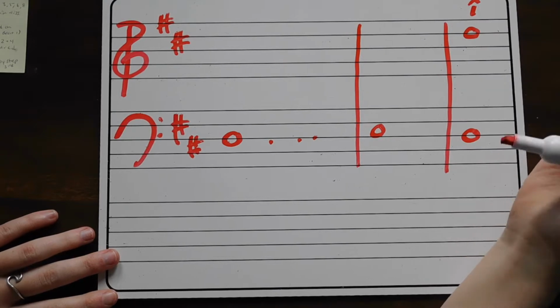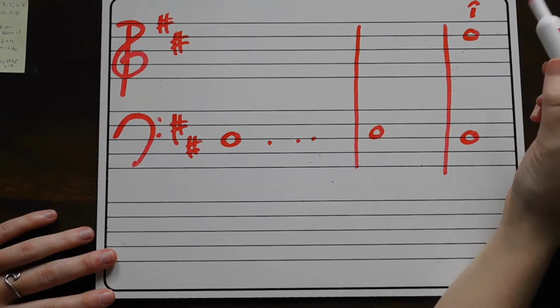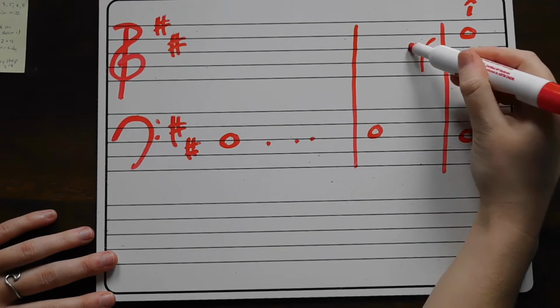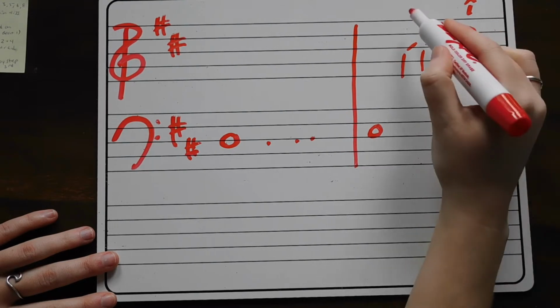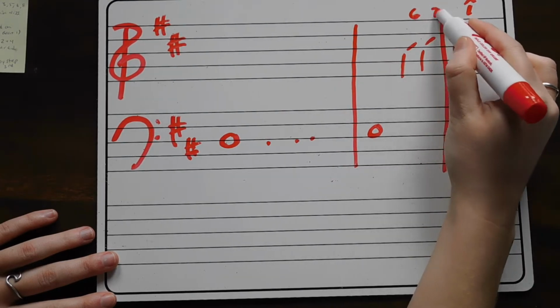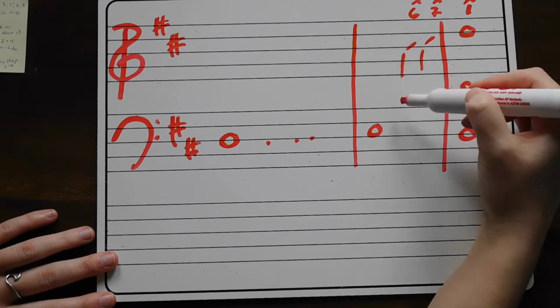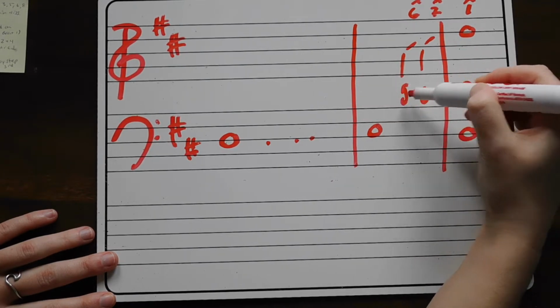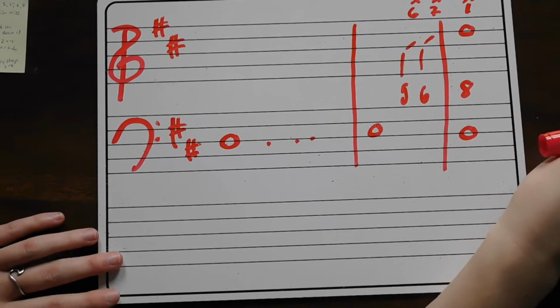Cadence patterns are the same. So if you have, let's say, 6, 7, 1, you just do it in quarter notes prior to that, and then you can connect these two quarter notes with whatever you want. So this would be 6, 7, 1, and just make sure that your intervals are okay. So here 5, 6, 8, that's totally fine.